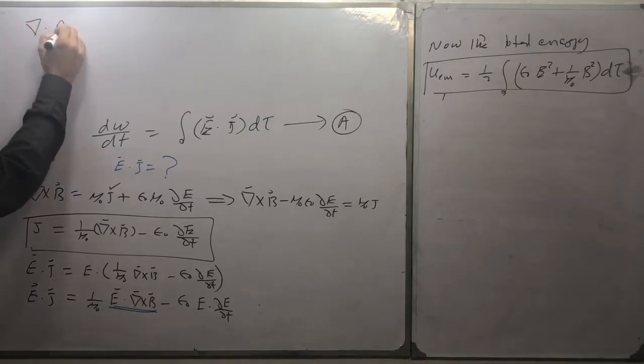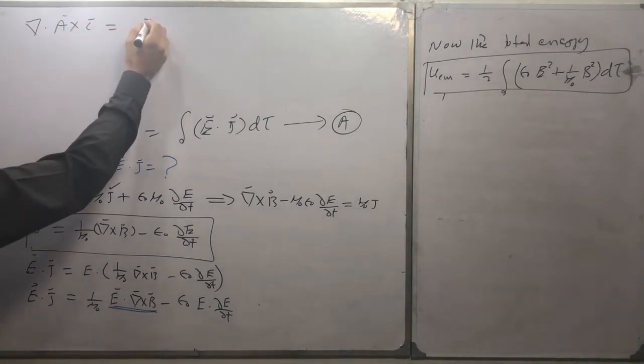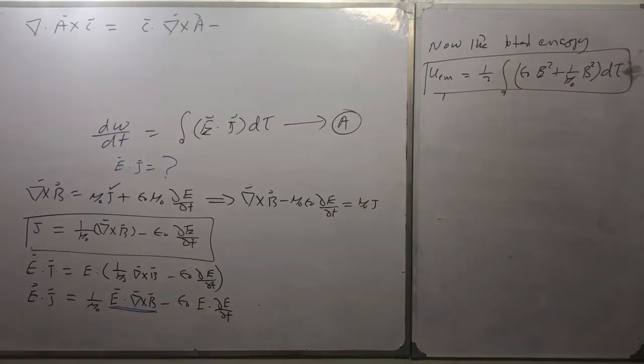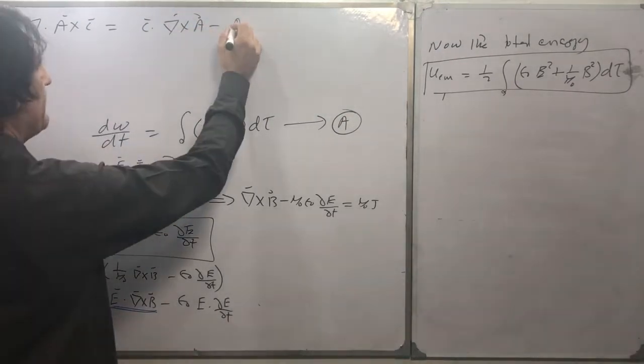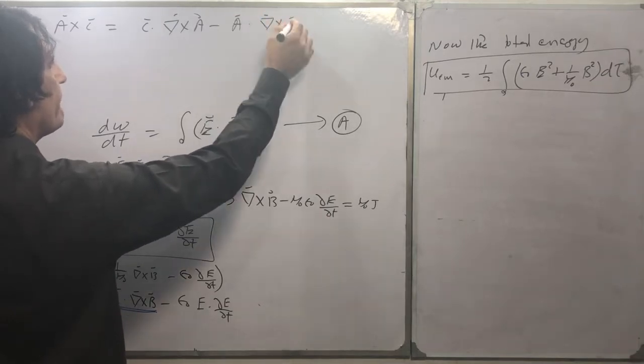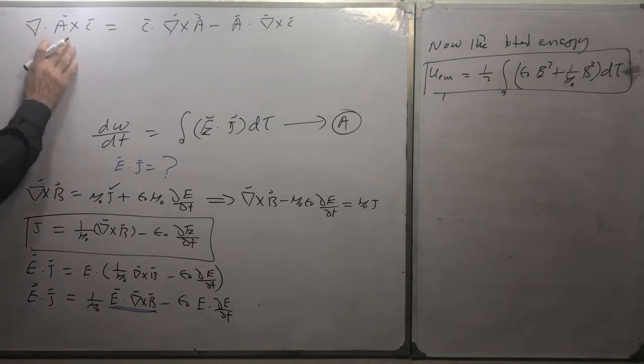The identity is del dot (A cross C) equals C dot (del cross A) minus A dot (del cross C). This is a general identity.